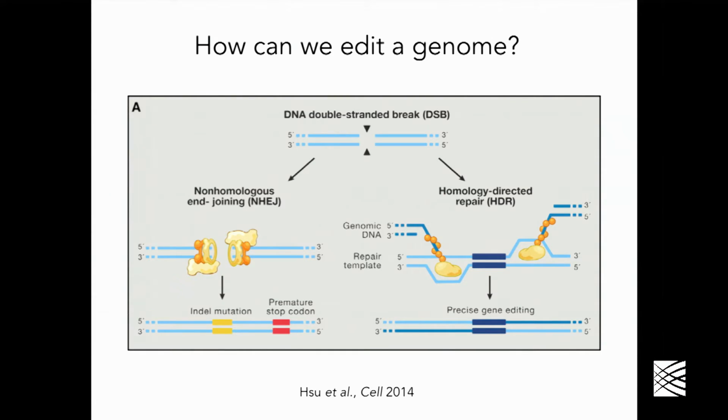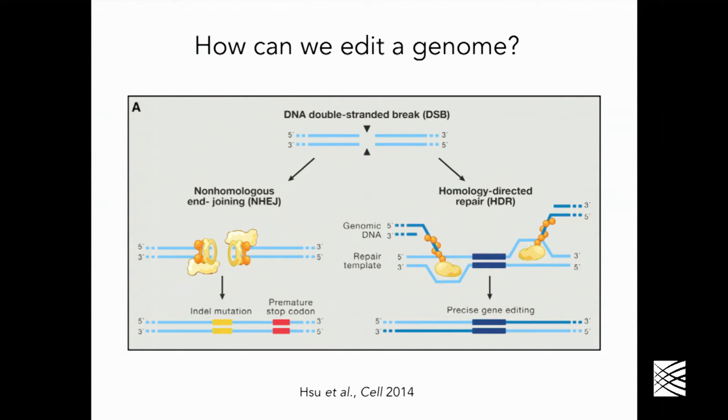If this type of double-strand break occurs within a gene, an indel mutation resulting in a frameshift will often lead to a premature stop codon and therefore knockout of the gene. And so this is how you can knock out a gene using double-strand breaks.